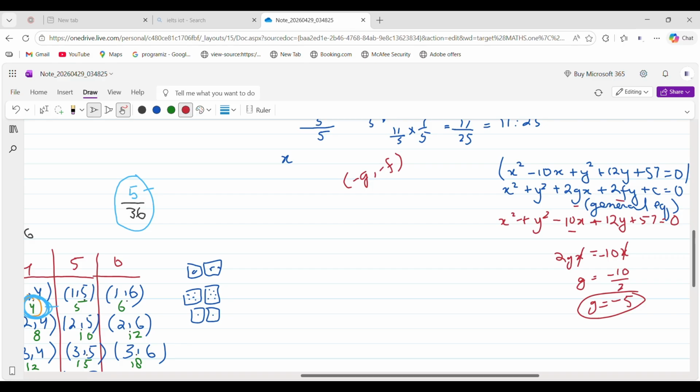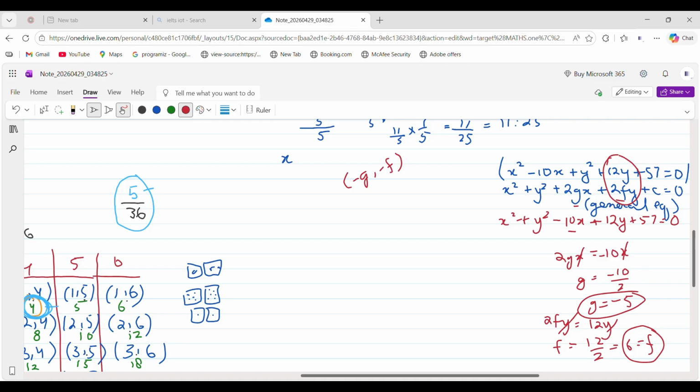For finding the value of f, comparing these two now. So 2fy equals 12y, y cancelled with y, f equals 12 by 2, which is 6. So I have gotten my f as well. But my center is negative g comma negative f.